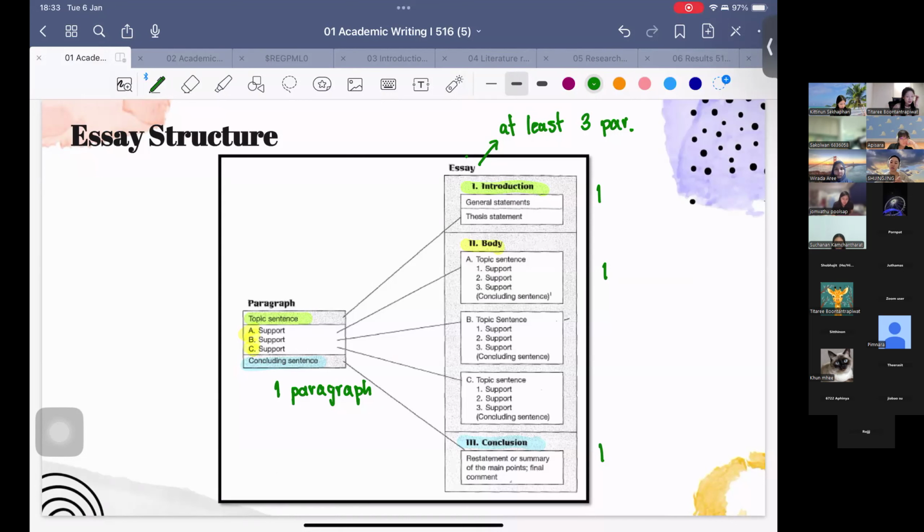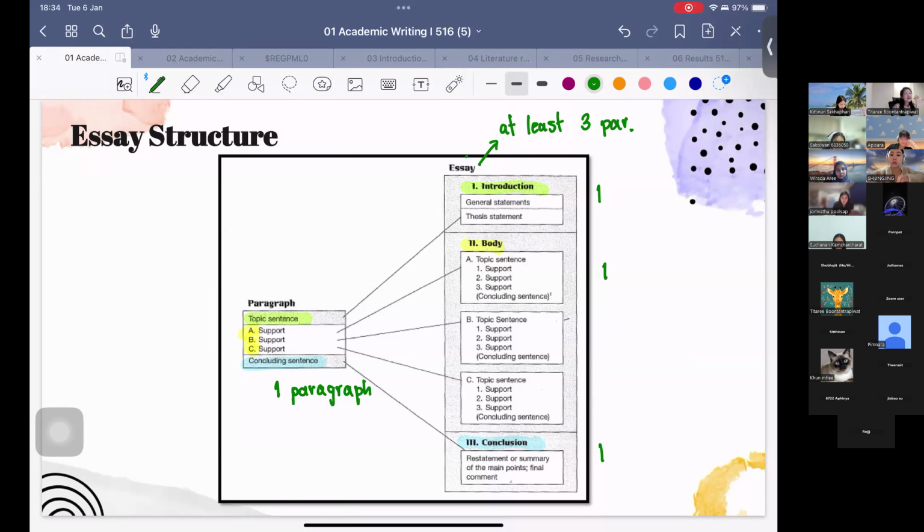Who knows? The number of body paragraphs depends on you, how you decide it. Or some would say it depends on the questions or the requirements. Sometimes if you take an English exam, a writing exam, they say that you have to write 500 words or you have to write 400 words.